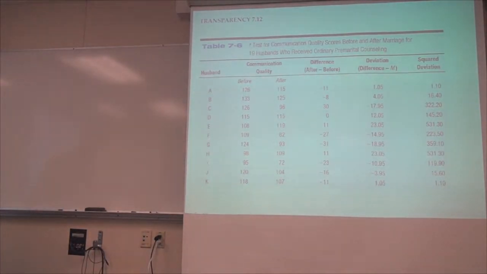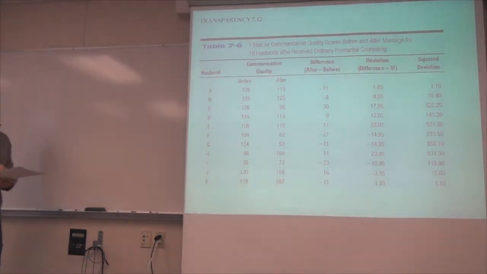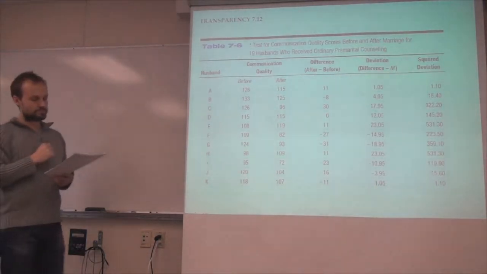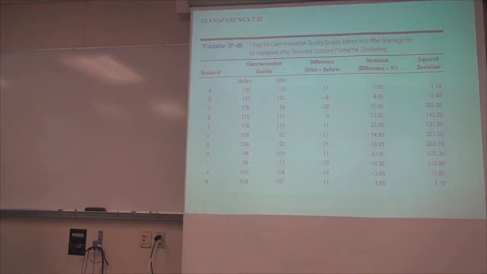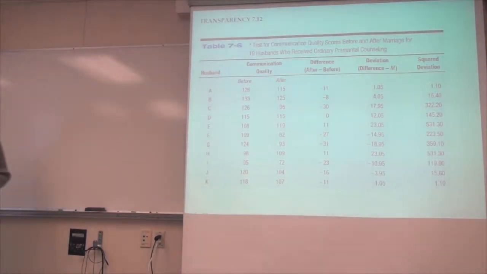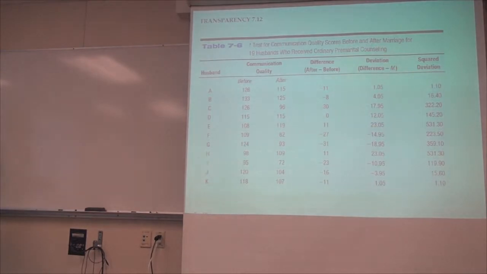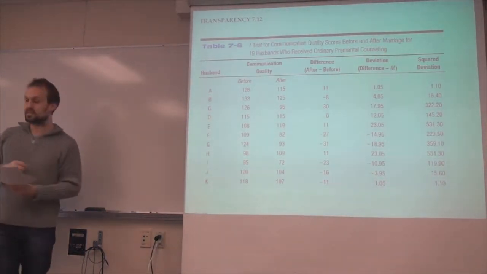So we also call that repeated measures design, where I'm repeating the same group, measuring them again before and after the treatment, or within subjects design, when the same people are tested twice, before and after some sort of procedure. And I'm trying to see if the treatment had a significant effect.